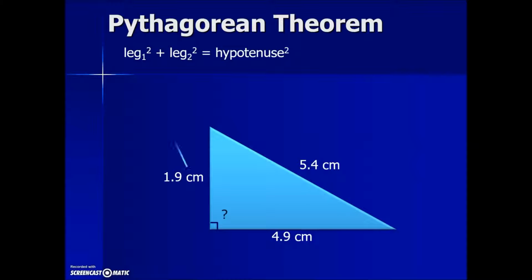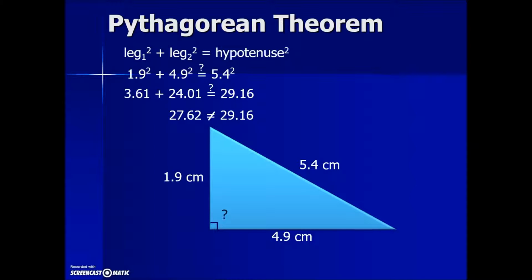To determine that, we'll take each of the legs and square them, which means we're multiplying them by themselves, 1.9 times 1.9, and so on. Do those legs squared, when added together, equal the hypotenuse squared? Simplifying, 1.9 squared is 3.61, 4.9 squared is 24.01.